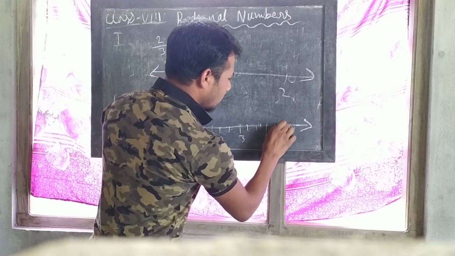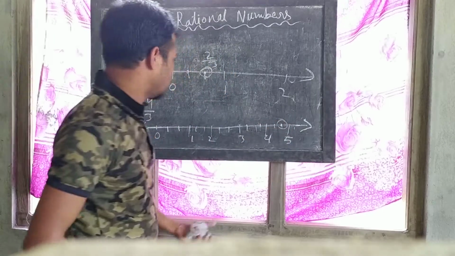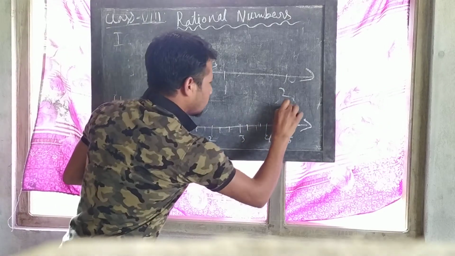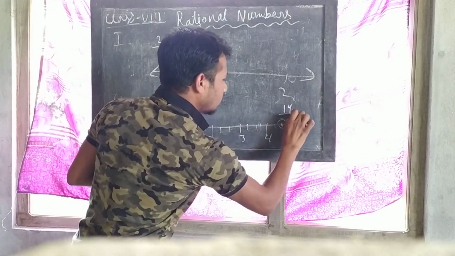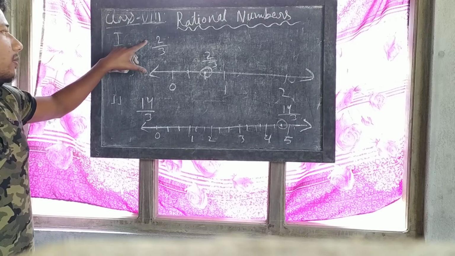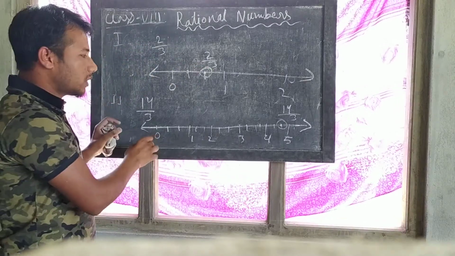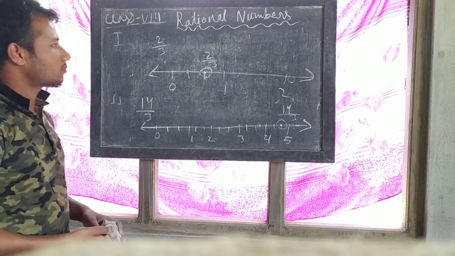See here, the number is here, 14 by 3. So for a proper fraction, you have to divide like this, and for an improper or mixed fraction, like this.